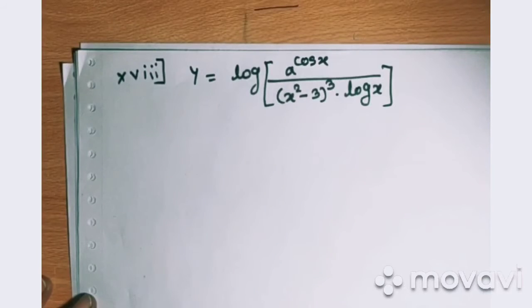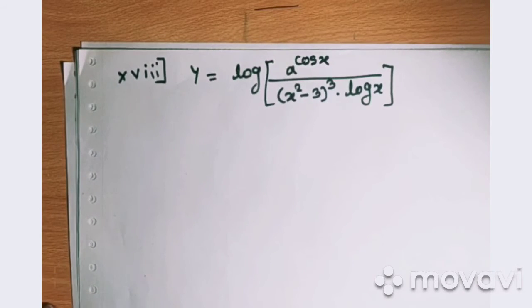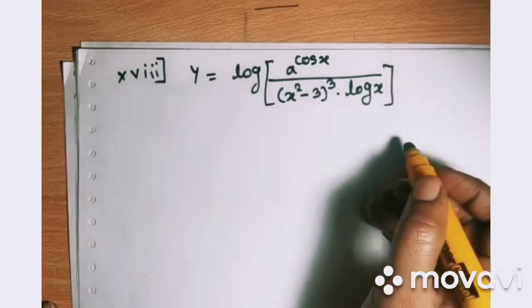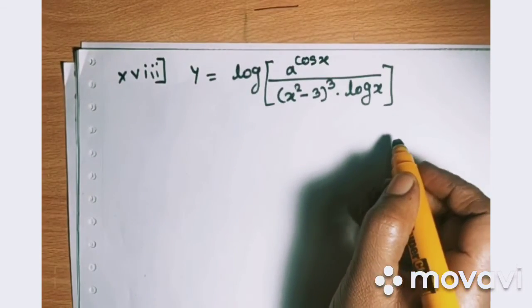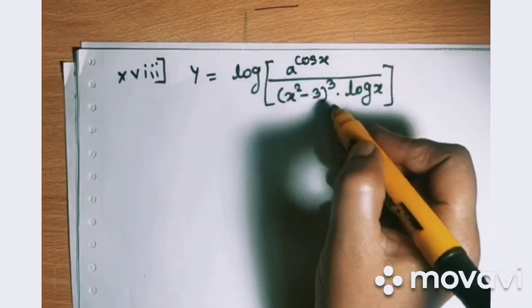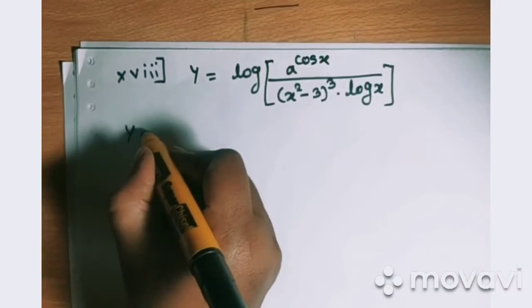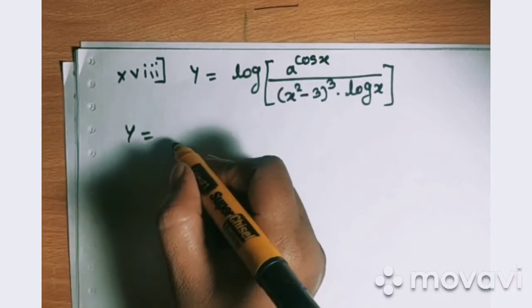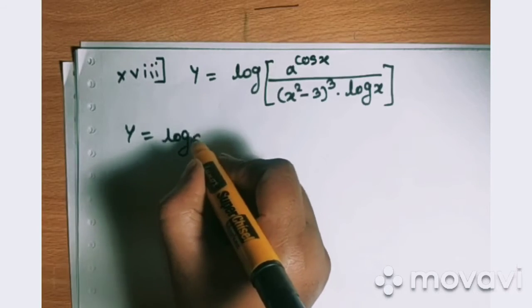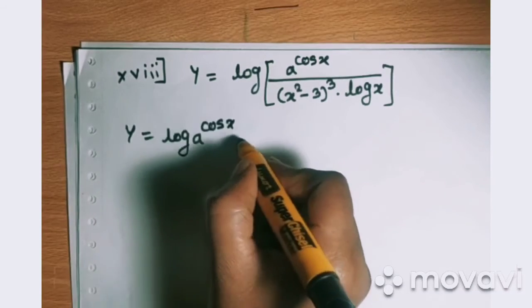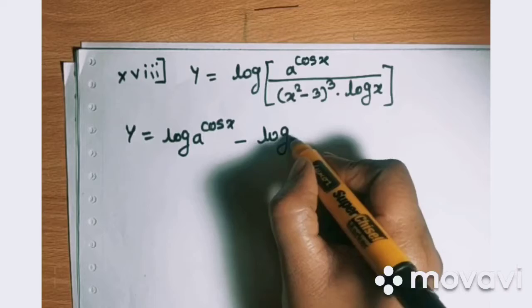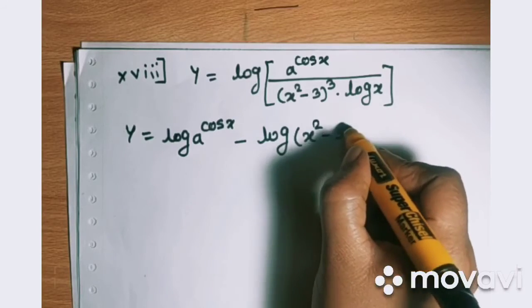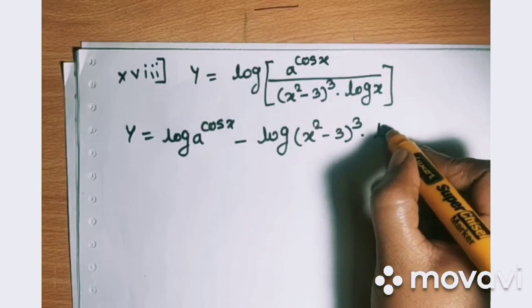This is the 18th example. Let us simplify it by using the laws of the logarithms. We get log of m by n, therefore y is equal to log of m, that is a raised to cos of x, minus log of x square minus 3 bracket cube into log of x.